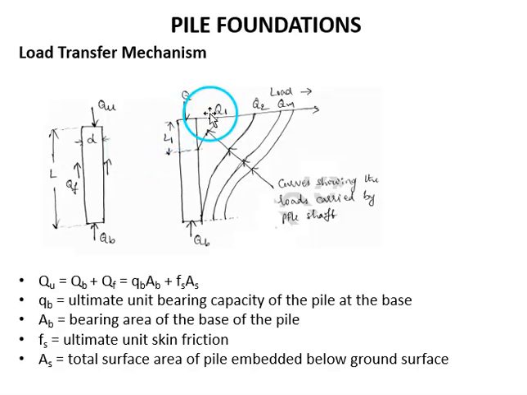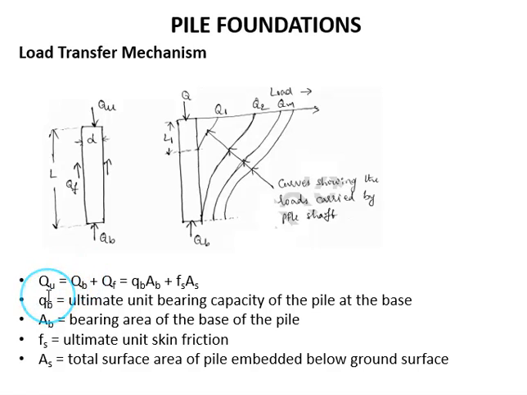Initially, when the load is very small, the entire load will be taken by the soil surrounding the pile shaft. When the load is increased, the frictional resistance will be fully mobilized and the load will be transferred to the pile tip. And further, if the load is increased, at a certain point the end bearing resistance also will be utilized completely and then the pile will fail.